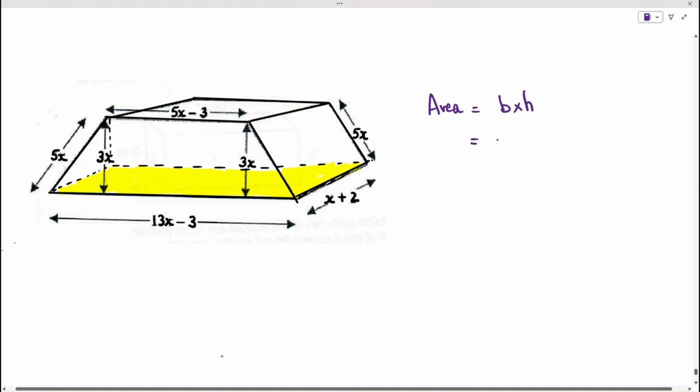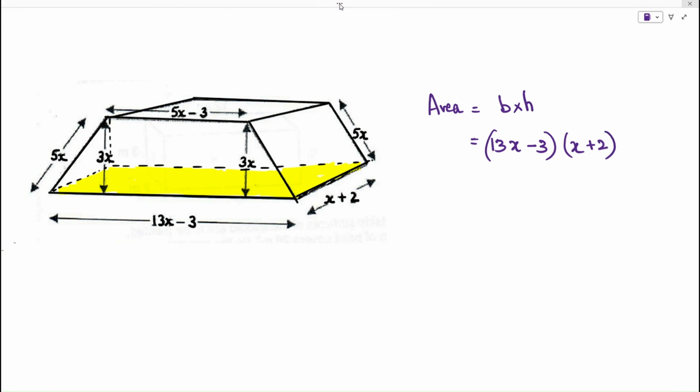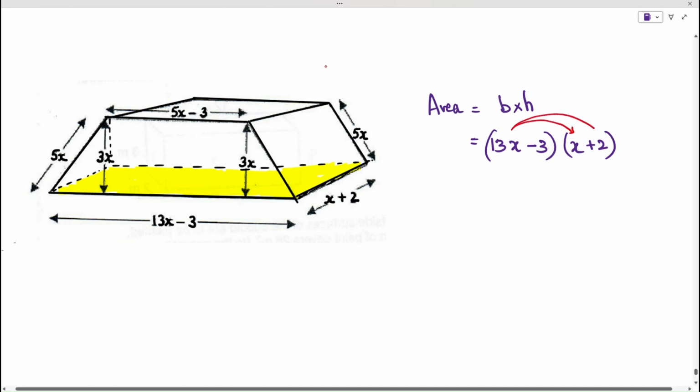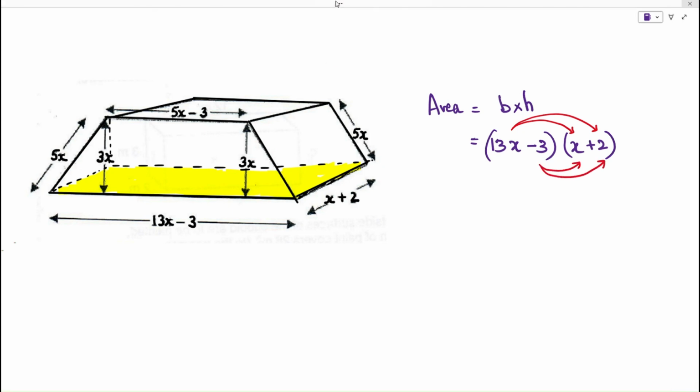Our base length here is 13x minus 3, and our height, as explained on the previous slide, is x plus 2. We expand our brackets: 13x times x and 13x times 2, then minus 3 times x and minus 3 times 2.